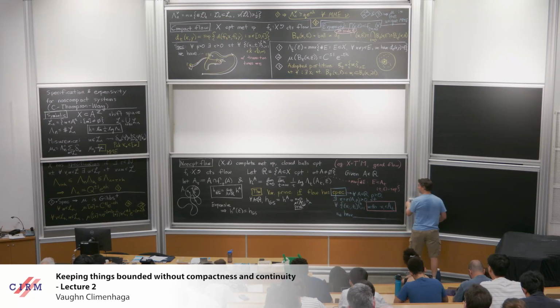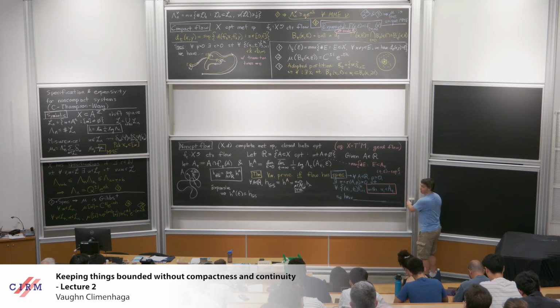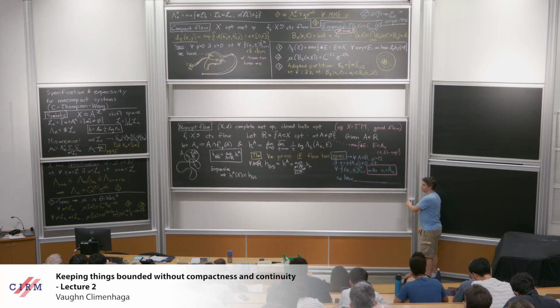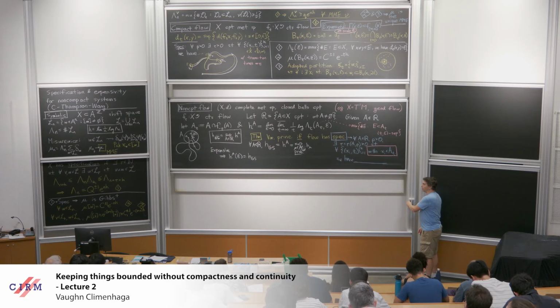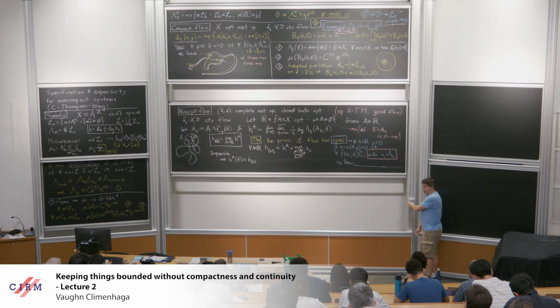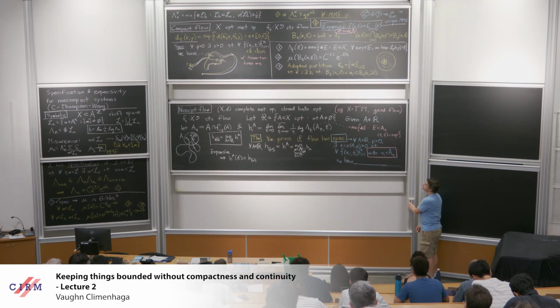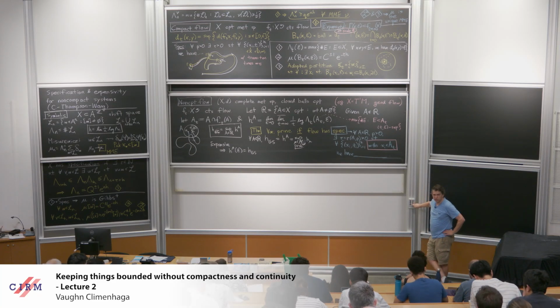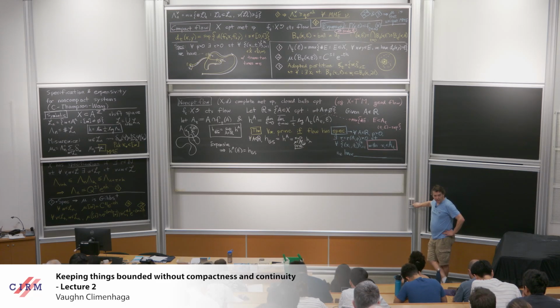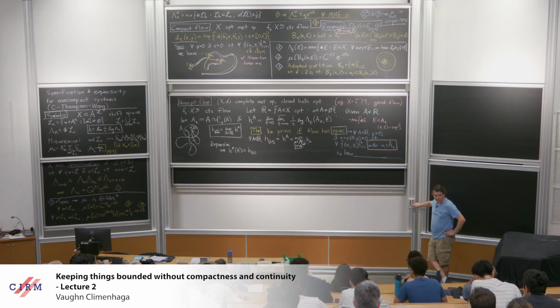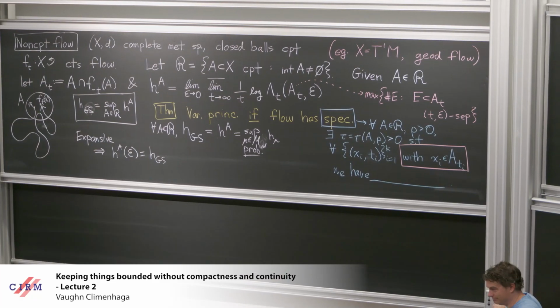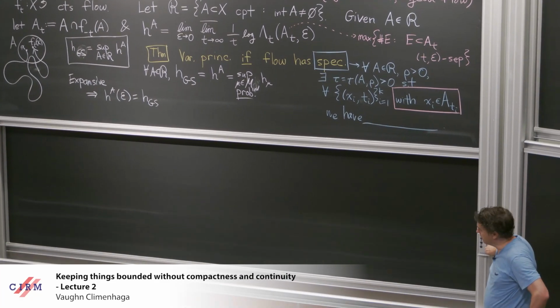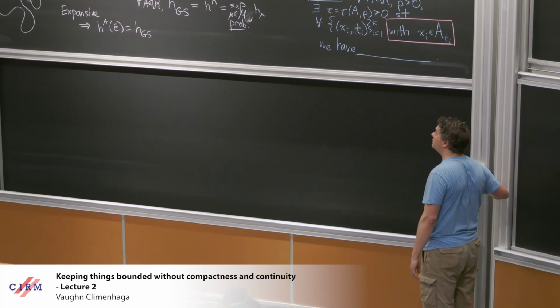And this is an essential step. The whole construction that I outlined in the compact non-symbolic setting relies on being able to work at a specific scale. And so, it's very good to be able to work at a specific scale, and as long as you're expansive, you can do so. Our motivating example was geodesic flow in negative curvature. And in the compact setting, this is nice and expansive.